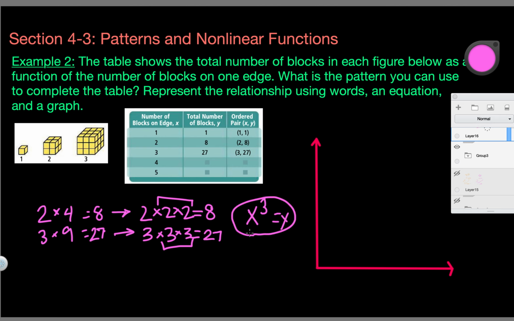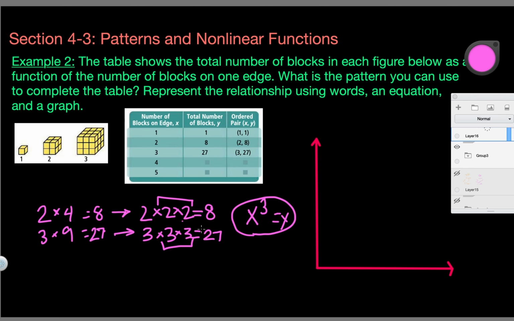Because what's happening is that when I take this block on the edge and I plug it in for x, I get 3 to the 3rd, which gives me 27. If I plug in 2, I get 2 to the 3rd, which is 8. If I plug in 1, I get 1 to the 3rd, which is 1. And that's exactly what we want. So now we want to follow this pattern down, and we can plug in 4.